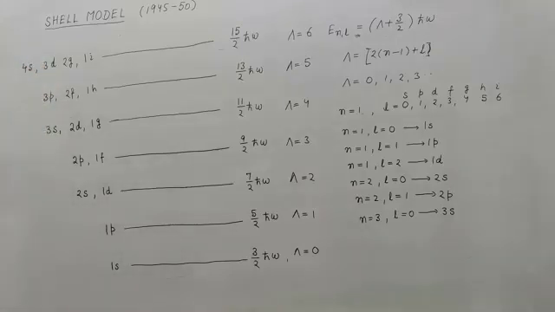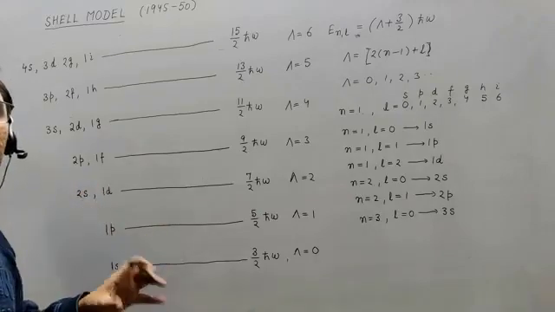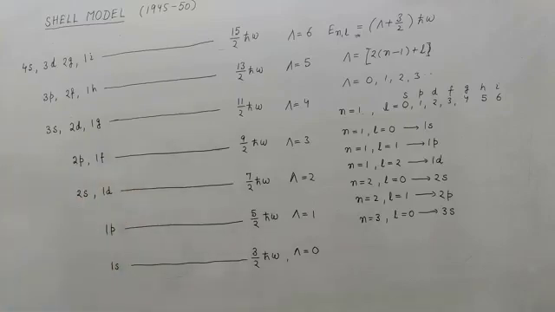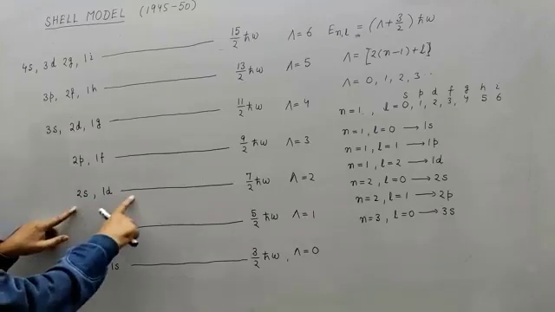So this type of shell structure is obtained if we assume that inside the nucleus there is an average potential whose shape is harmonic potential type. Then we will find out these energy levels. And here you will find that there is a degeneracy.